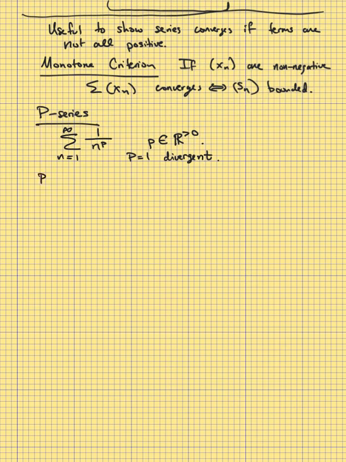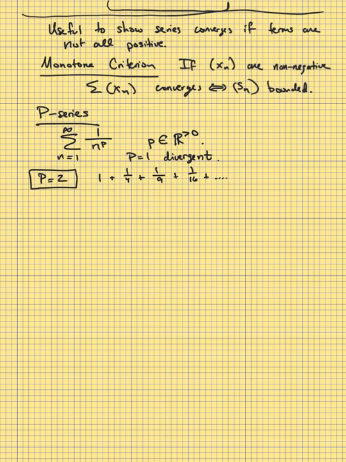So let's check p equals 2. So we get the sum, so it looks like 1 plus a fourth, plus a ninth, plus a 16th, and so on. So it's going to be difficult to figure out what this series converges to, right?